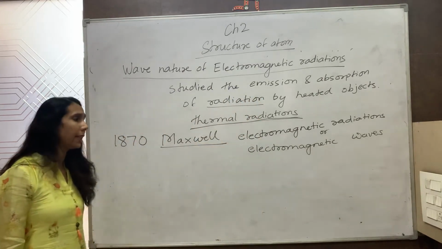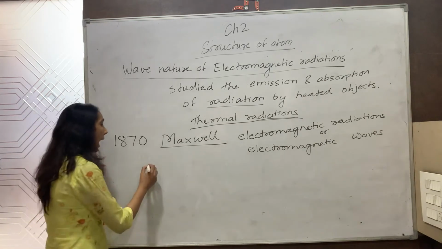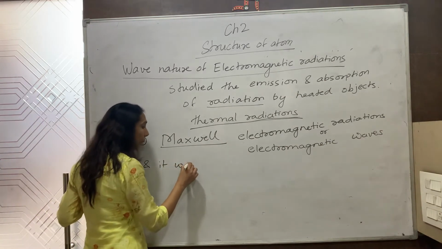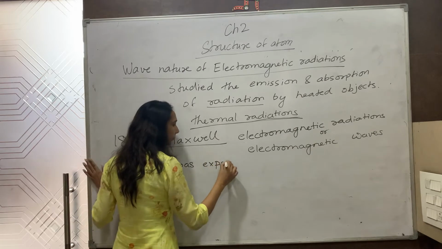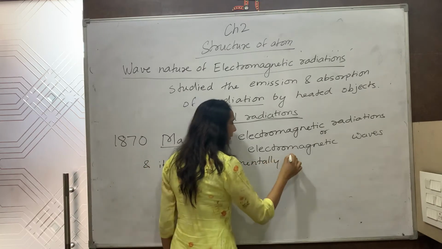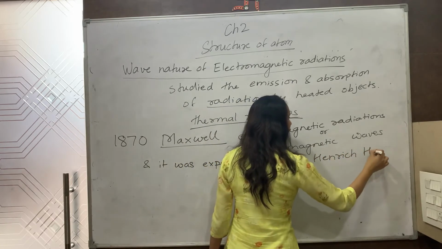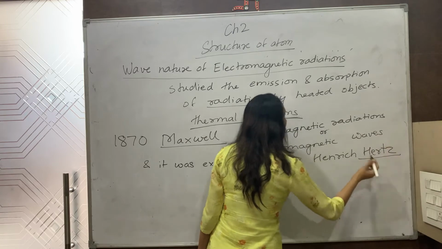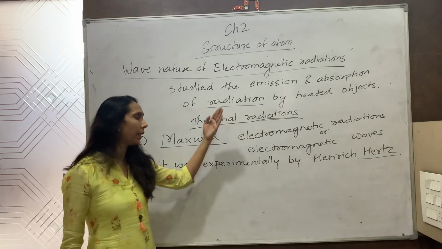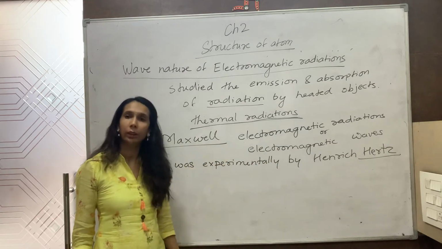So they were called electromagnetic radiations or electromagnetic waves, and it was experimentally proved by Hertz. The experimental proof for electromagnetic radiations or waves was provided by Hertz.